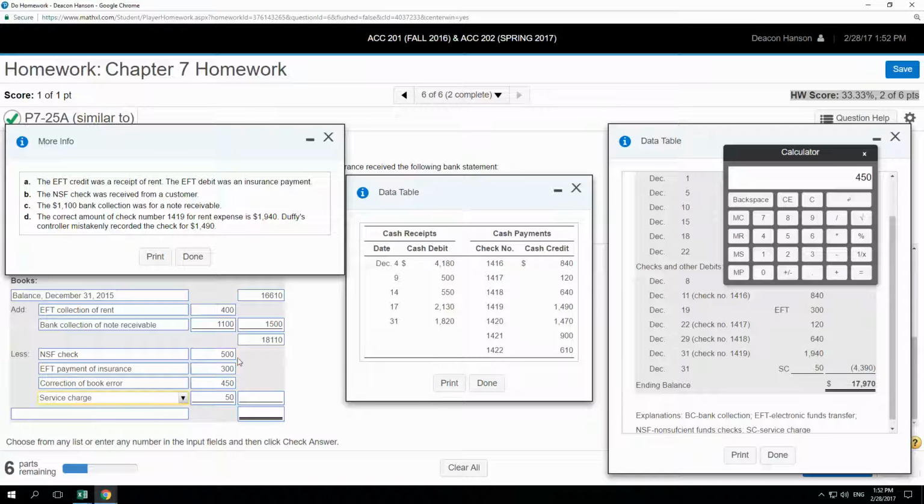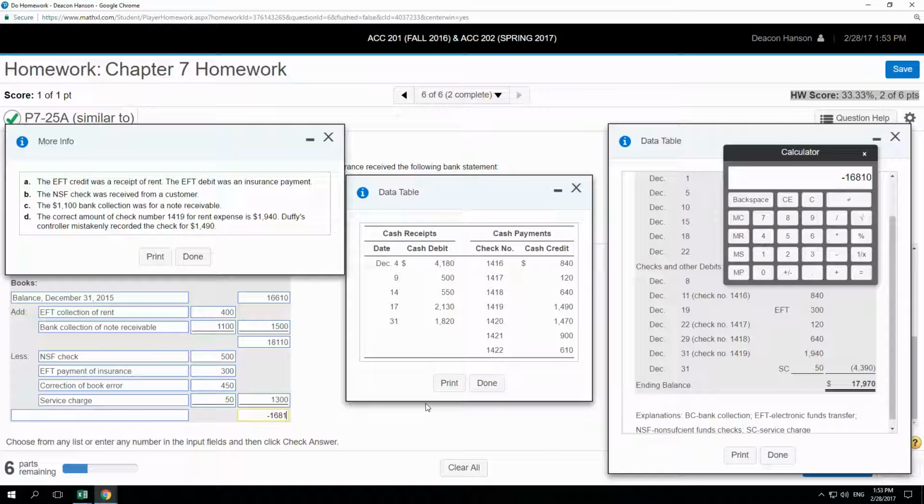So if you add them up, you got 1250, 1300. You might have different numbers than me, so you may want to double check. And it looks like it is 1300. So if I take 1,300 and subtract it from this subtotal here, 18,110, I get 16,810.